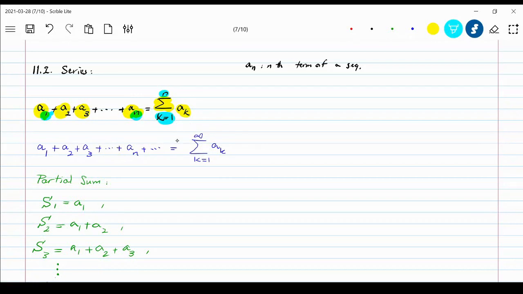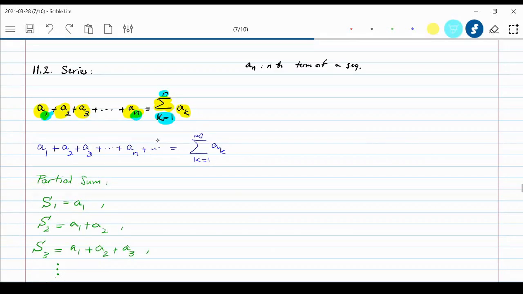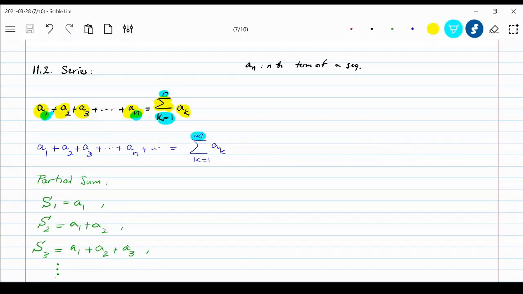In the case of an infinite series, meaning the series continuously goes on forever, the upper bound would be infinity, which means add up all the terms of the series. In this case, you start from k equal to 1 and add all those a_k: a_1 plus a_2 plus a_3, with the sub-indices going on to infinity.